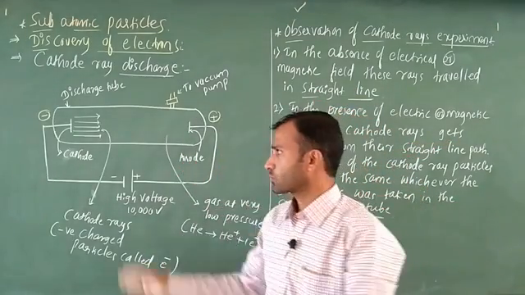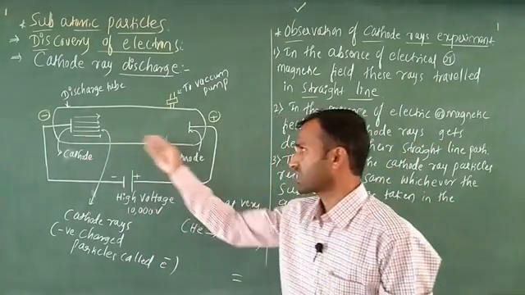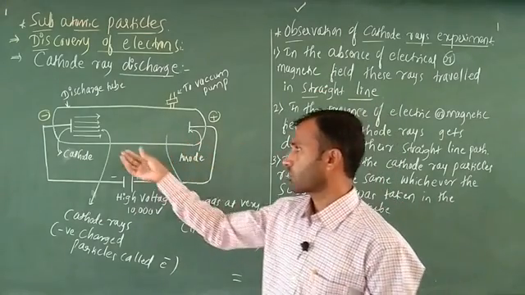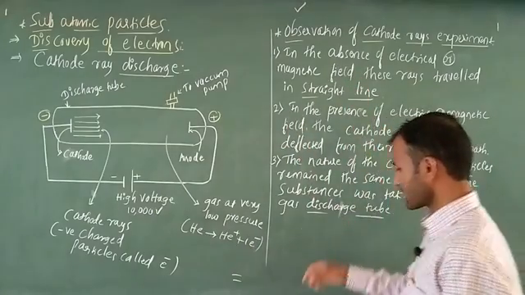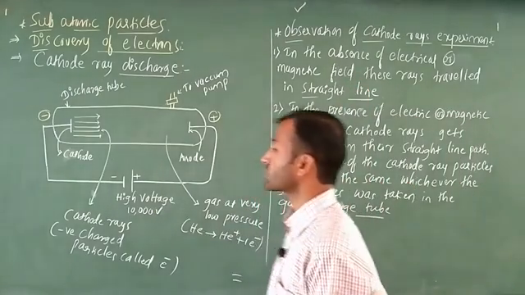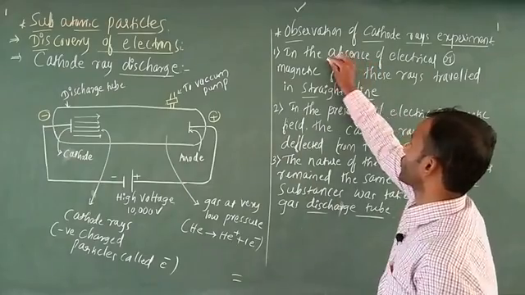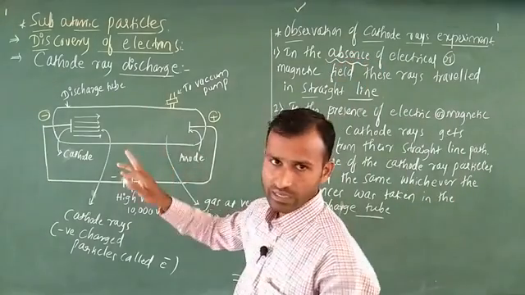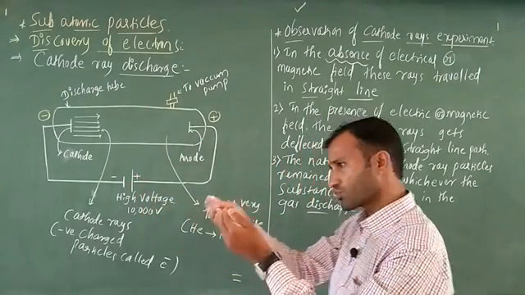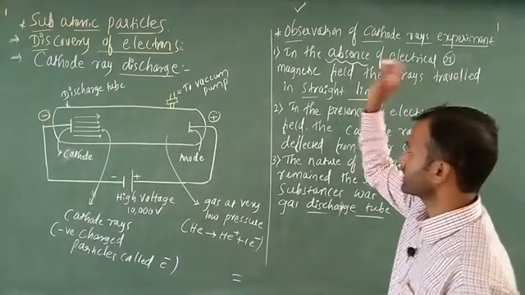That is why it is called a cathode ray tube. In the absence of electric and magnetic fields, the ray moves in a straight line, no problem. The first point is clear, no?